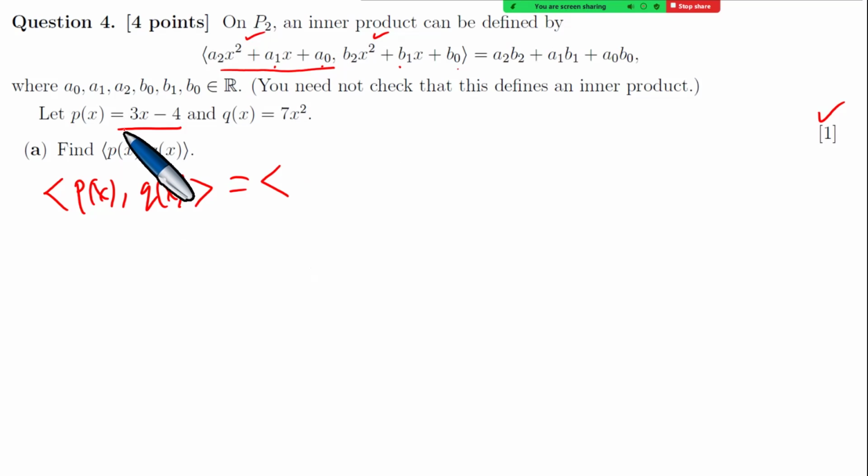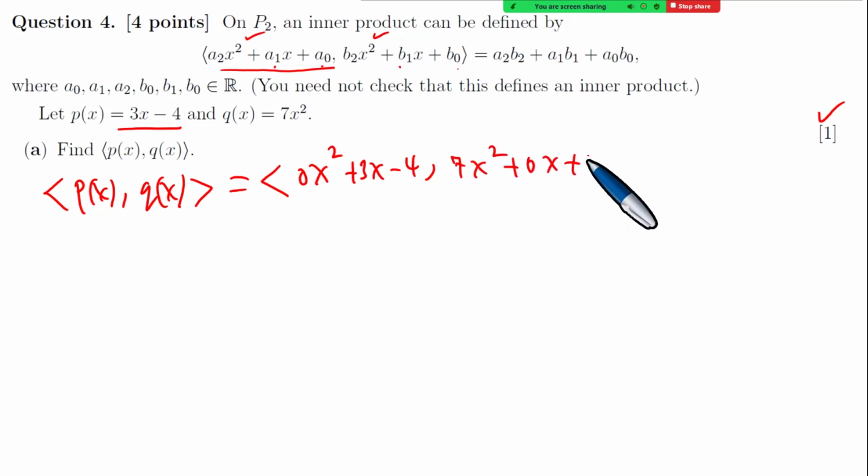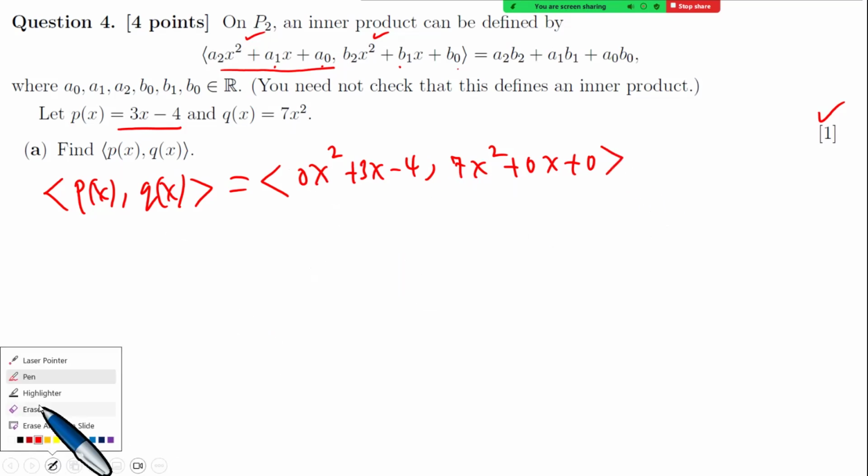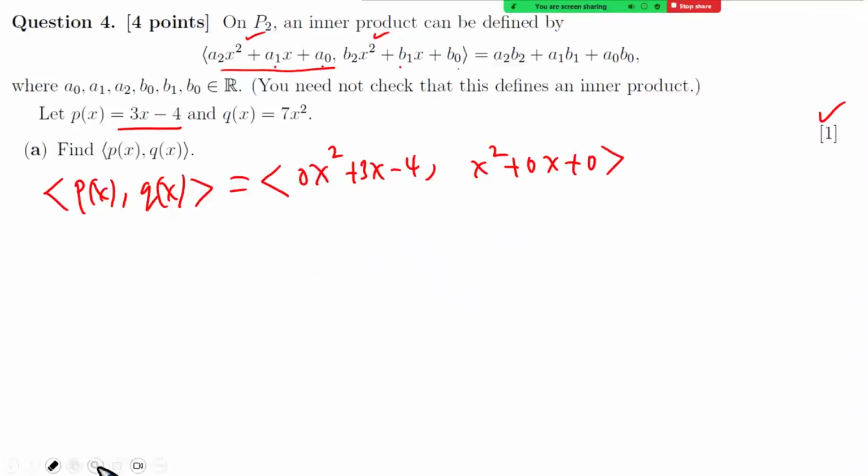Because P has no x squared, you can write 0x squared plus 3x minus 4. Then you have Q, which is 7x squared plus 0x plus 0. You can write it like this so that you are in a position to multiply the quadratic coefficient by the quadratic coefficient.